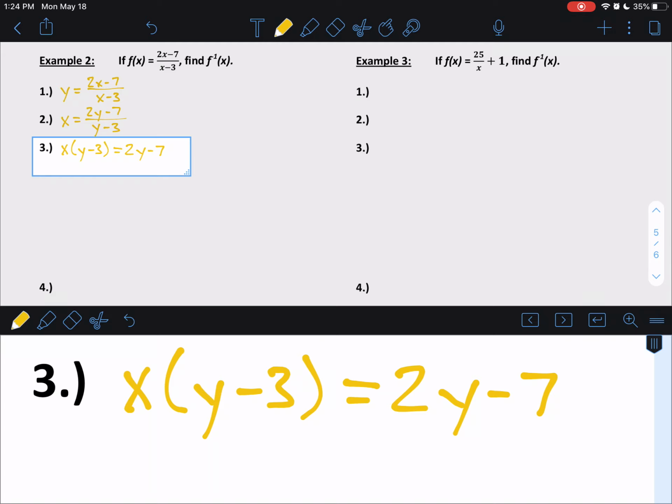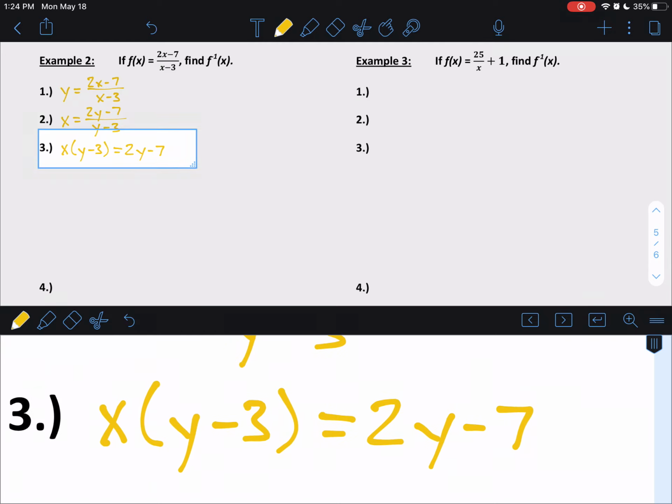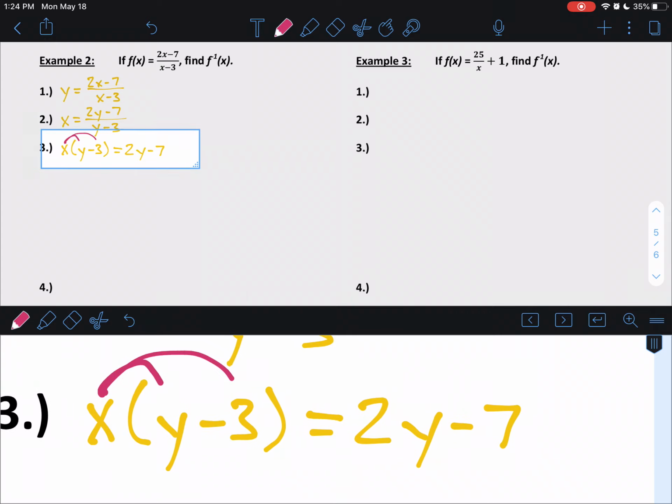All right, my next step here is, I'll take it to this nice watermelon color, distribute that x. Distribute it inside the parentheses. And, there's really no way to know what you should do next. It's just like, oh, what do I know how to do because I know some math skills. I know the distributive property. I know that maybe I can distribute this and something will come to me.